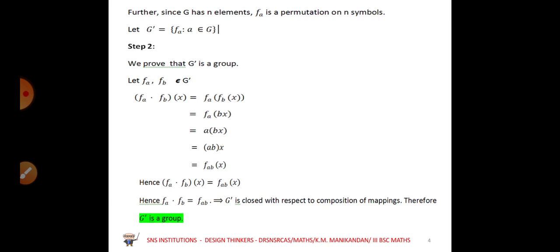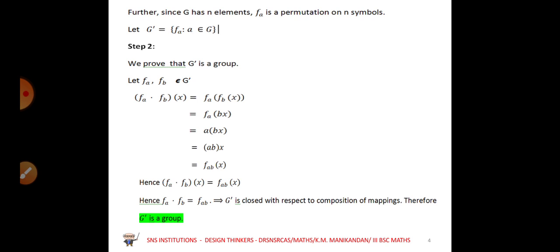So for that, take two permutations FA and FB belonging to G dash. Now let us take an element x belonging to G and apply the permutation FA dot FB on x.